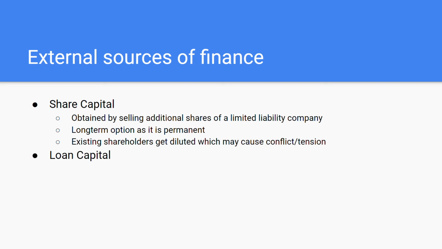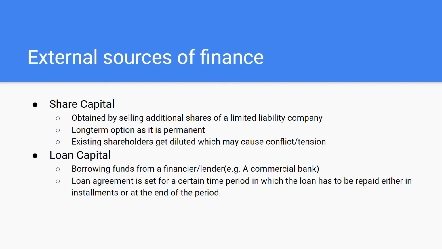Next one would be loan capital, which is, as the name already tells you, borrowing funds from a financier or lender, for example, a commercial bank, meaning if a business goes to a commercial bank or any bank and tries to get a loan.